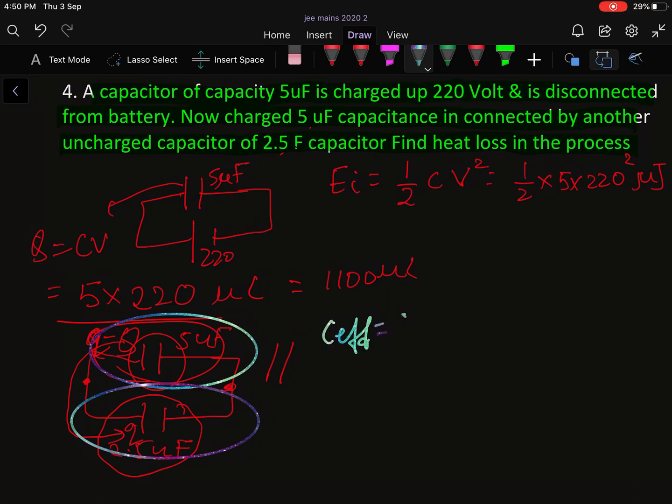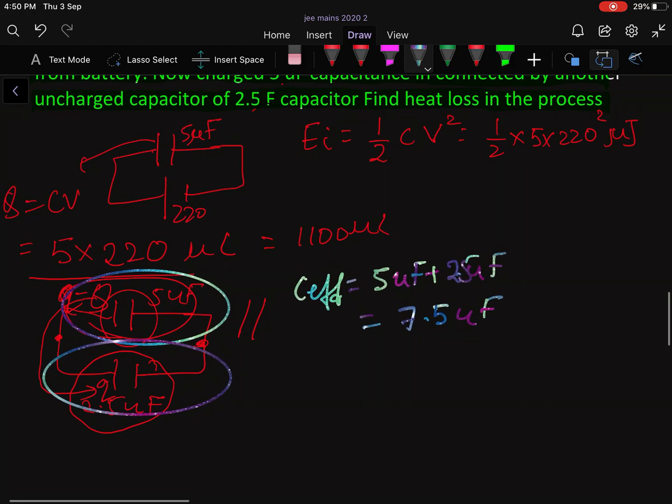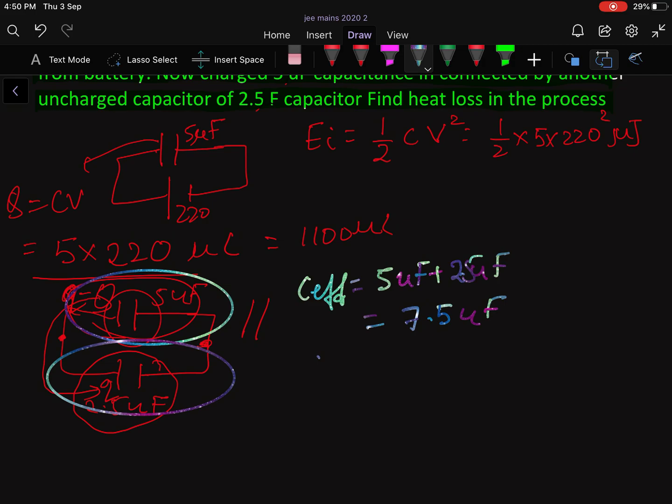So C effective will be 5 microfarad plus 2.5 microfarad, that will be 7.5 microfarad. Now you know the C effective and the Q effective.